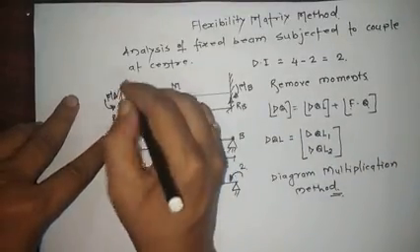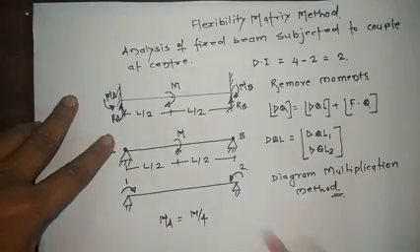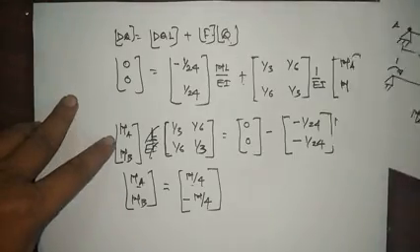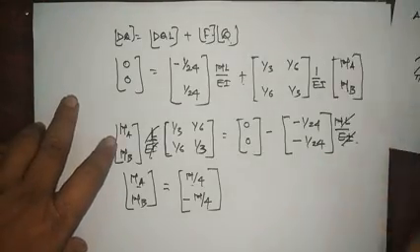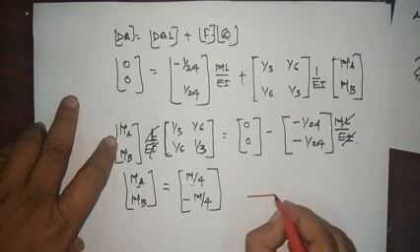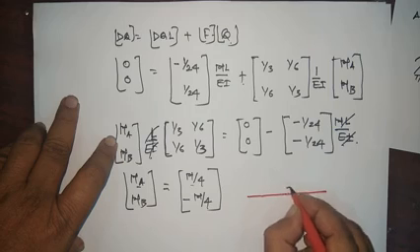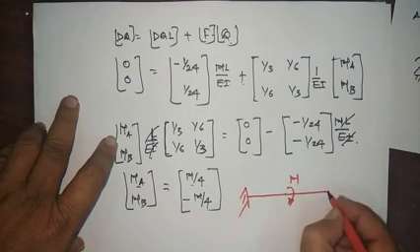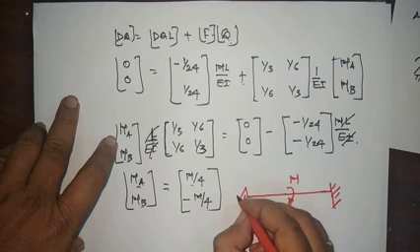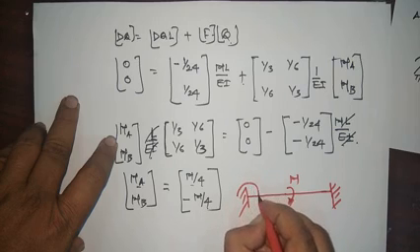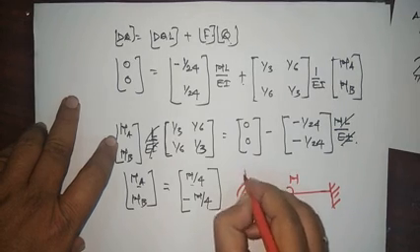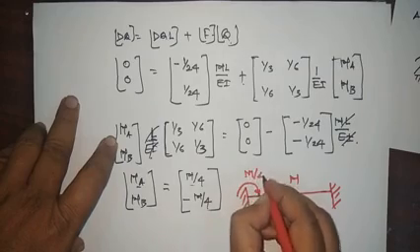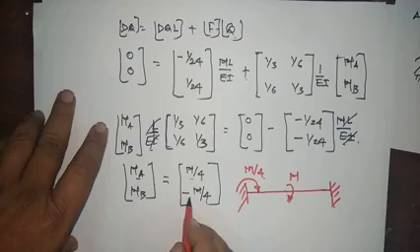It means, suppose if you draw here, this is the M, and these are the fixed moments. So this direction is correct, and the moment is M by 4. Now this value of MB is negative.